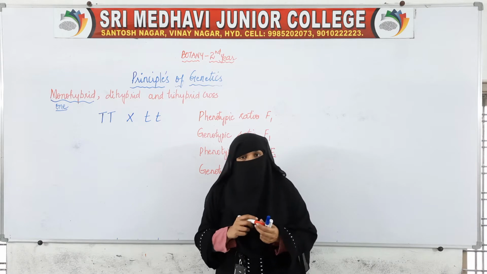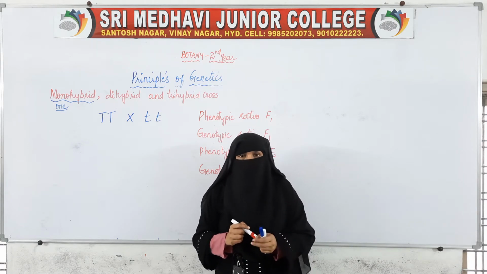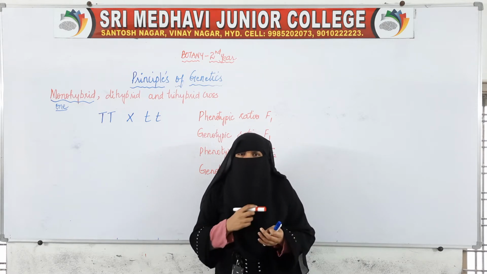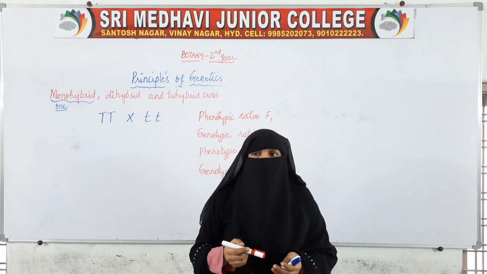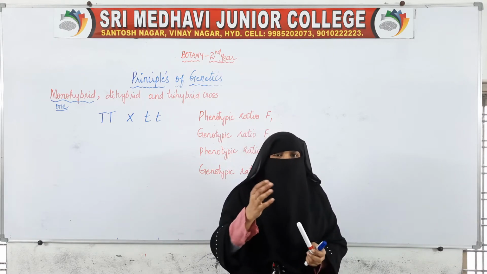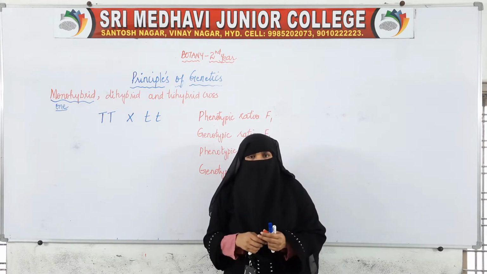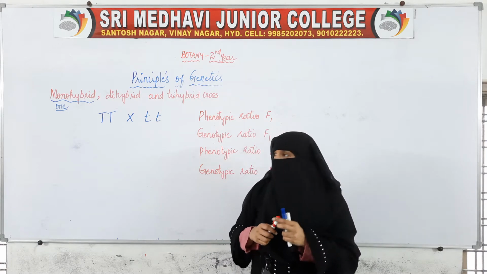It can be the height of the plant, the color of the plant, the color of the seed, the shape of the seed, the shape of the pod, or the color of the pod. We can take any one character. But here we will see how to make this cross.